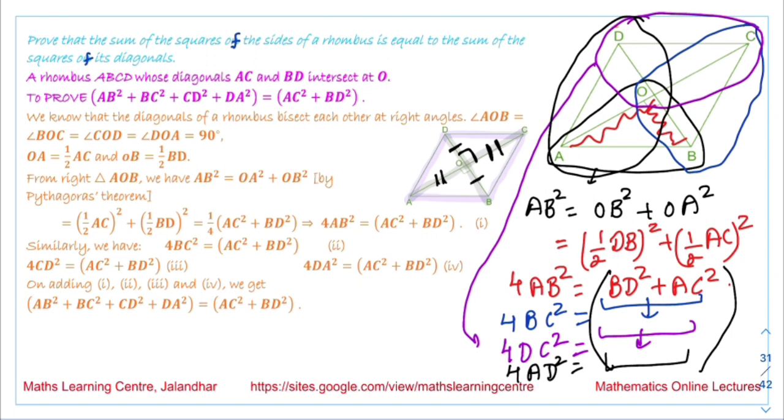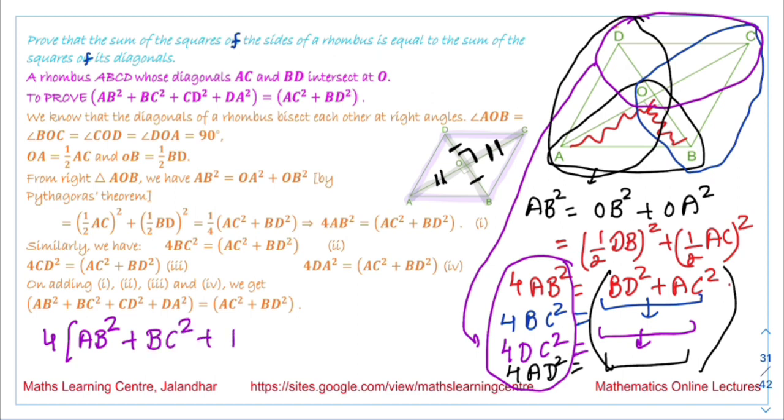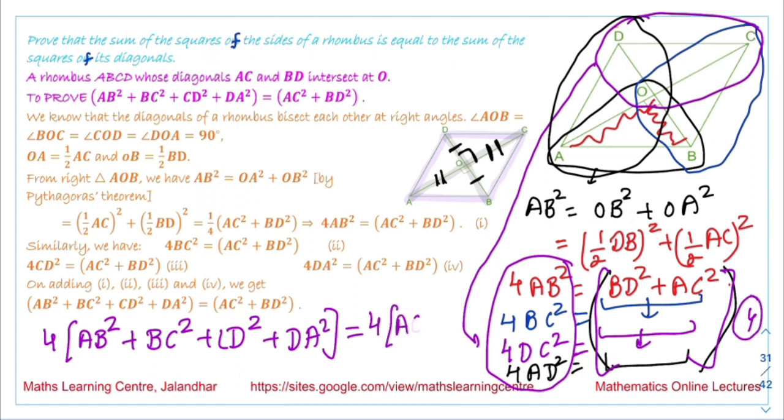So if we add all these equations, the 4 is common, and it is AB square plus BC square plus CD square plus DA square, that is equal to 4 times AC square plus BD square.